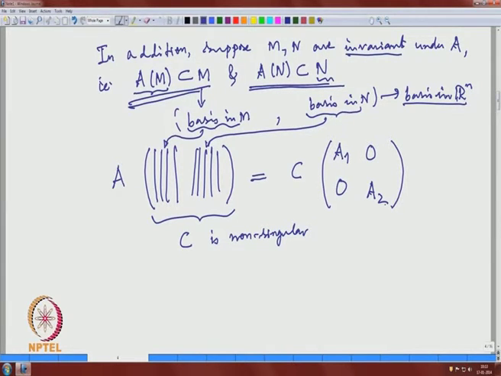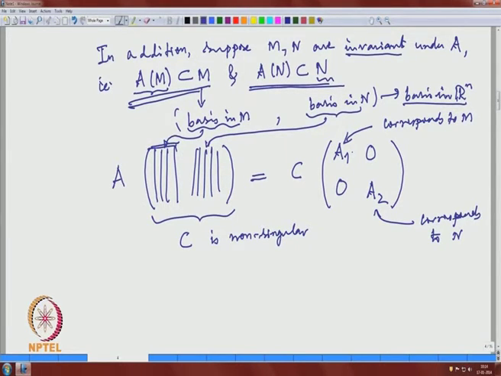This submatrix corresponds to M and this corresponds to N. Because if I act A on these basis elements which are in M, the result is again back in M. So, each action is a linear combination of vectors of these basis elements, and that is expressed like that.